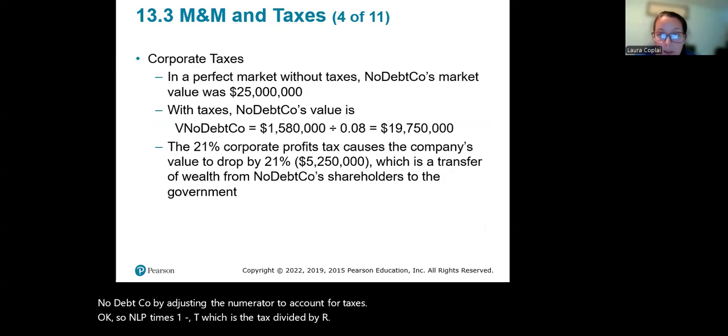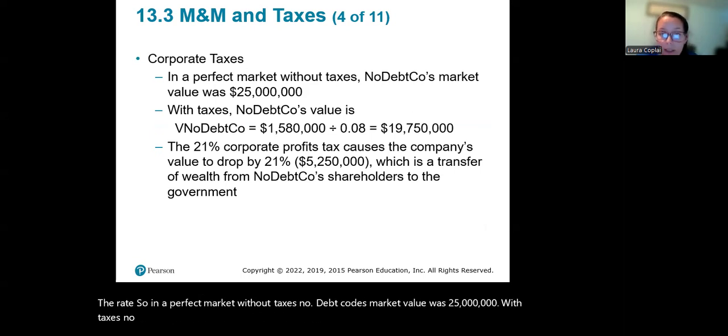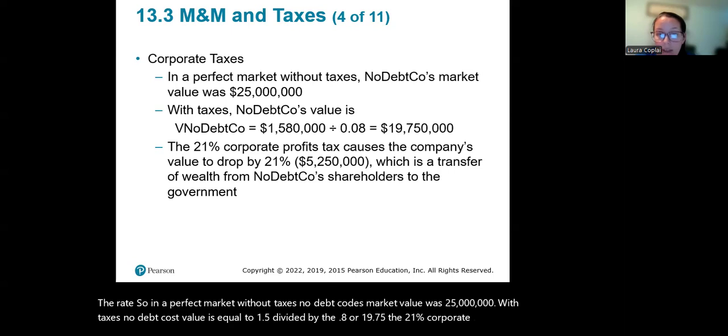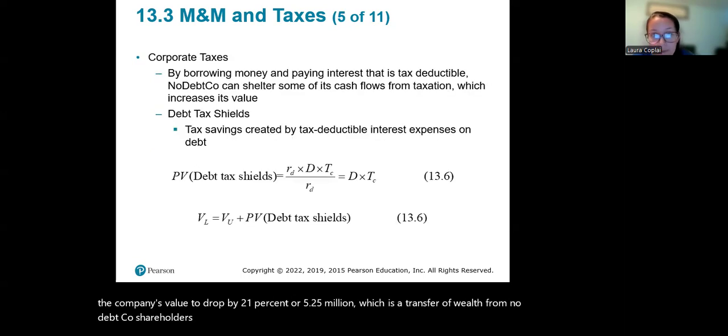So in a perfect market without taxes, NoDebtCo's market value was 25 million. With taxes, NoDebtCo's value is equal to 1.58 divided by 0.08, or 19.75. The 21% corporate tax causes the company's value to drop by 21%, or 5.25 million, which is a transfer of wealth from NoDebtCo shareholders to the government.